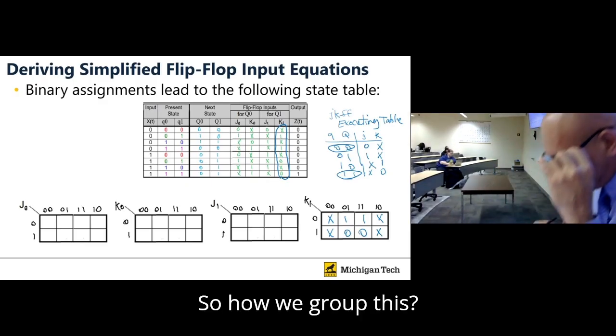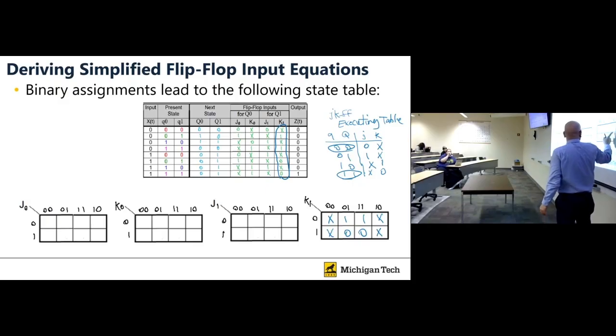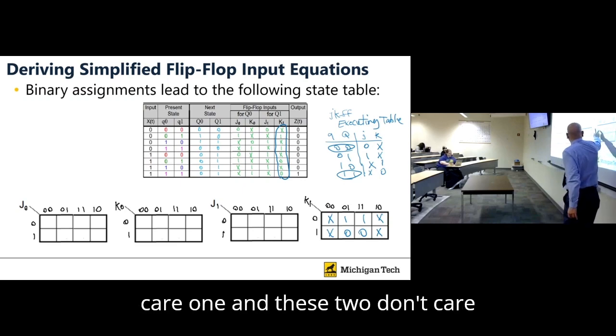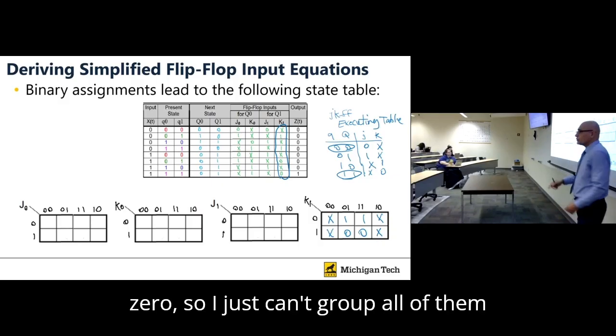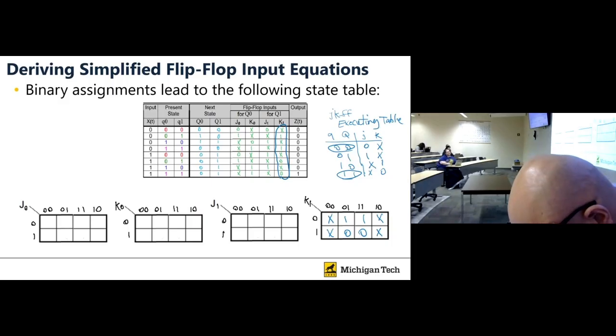Yes. So how do we group this? These 4 together, because we can consider these don't cares 1, and these 2 don't cares 0. So I can group all of them together. We can make it bigger.